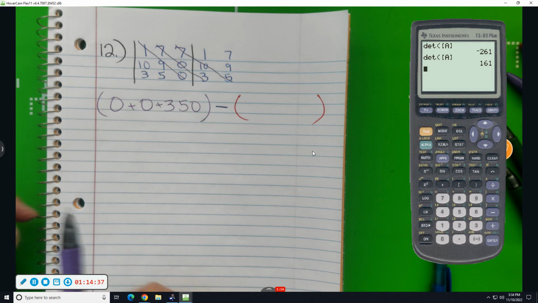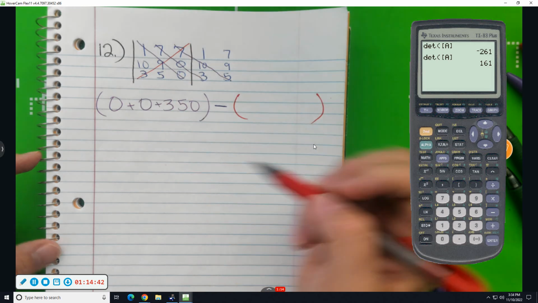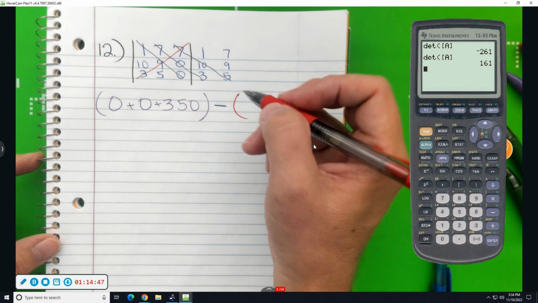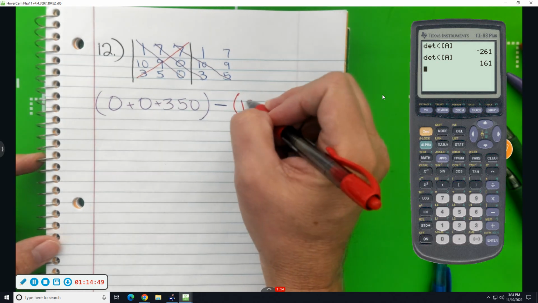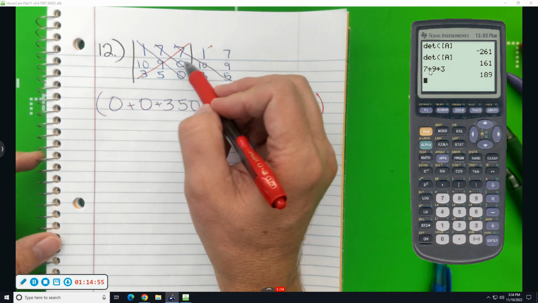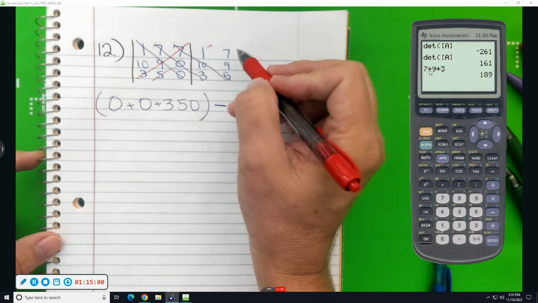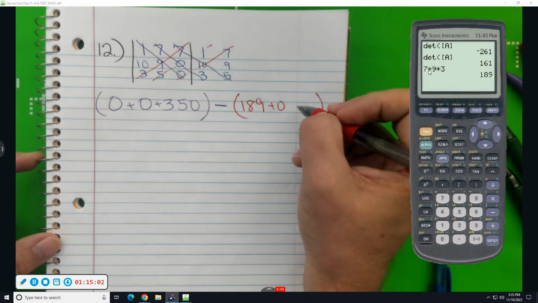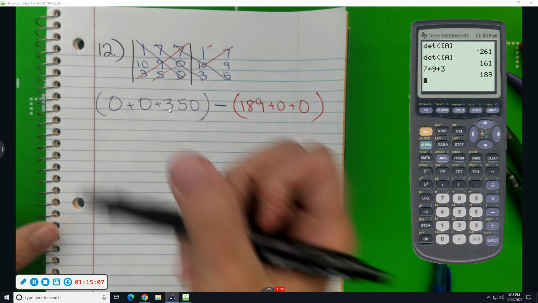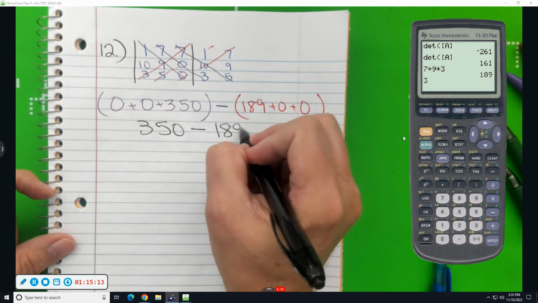Now we go in the opposite direction. 7 times 9 times 3, is that a 189? No, is it a 189? The next one's nice. 1 times 0 times 5, 0. 7 times 10 times 0 is 0. So we have 350 minus 189.